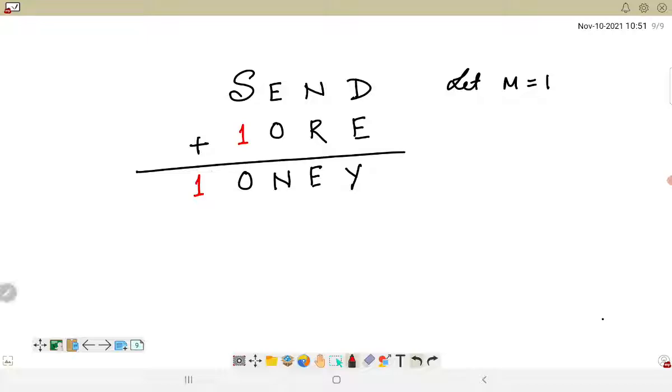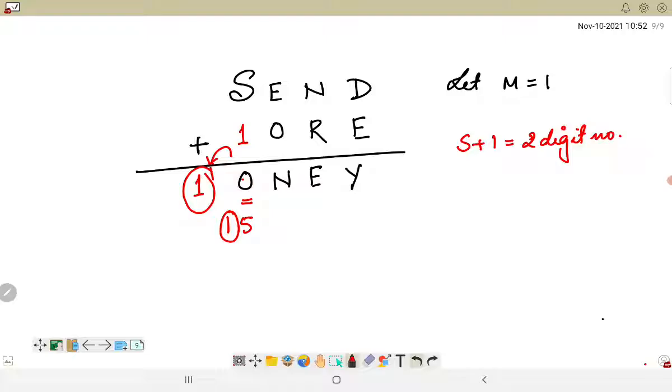Now this particular value is basically a carry, right? After adding S plus 1, I'm getting some value here. Let us say if I'm getting 15 here, then 1 is carried over from this particular position to this. So M is 1 and basically M is a carry. That means S plus 1 should give me a 2-digit number.